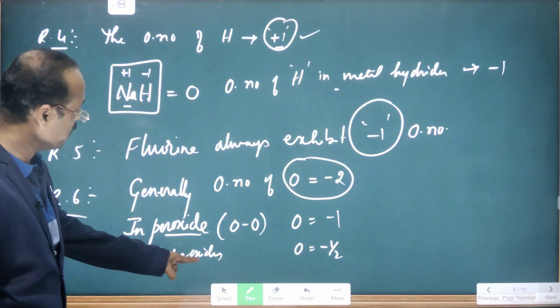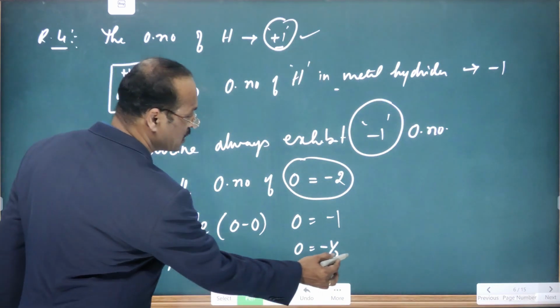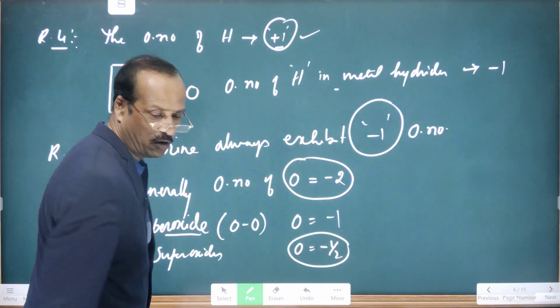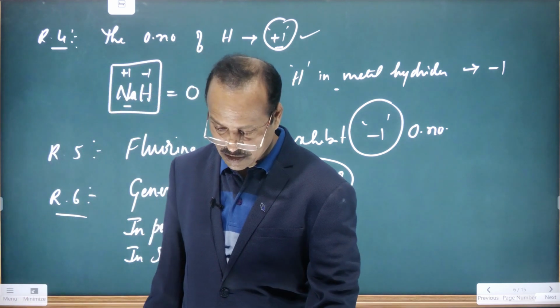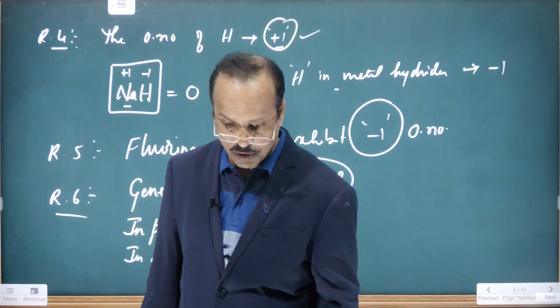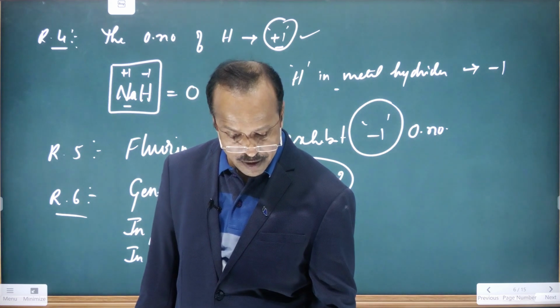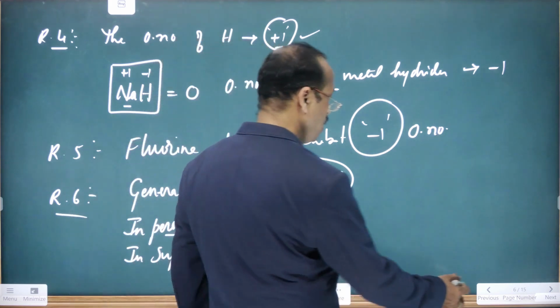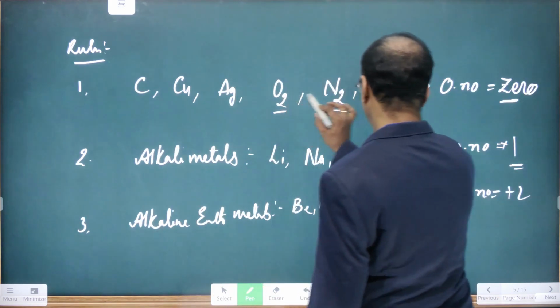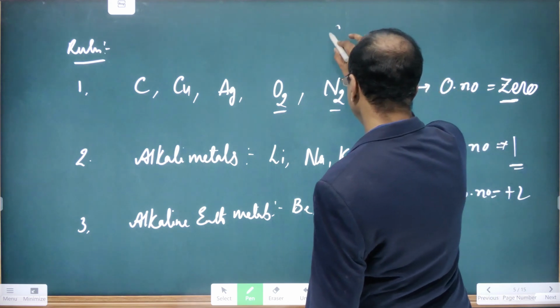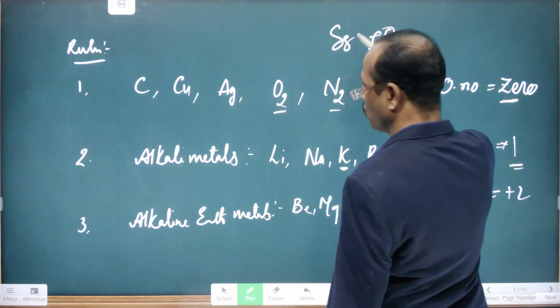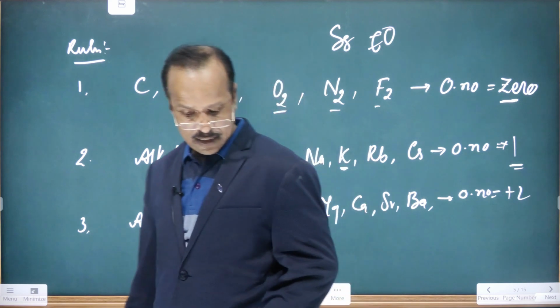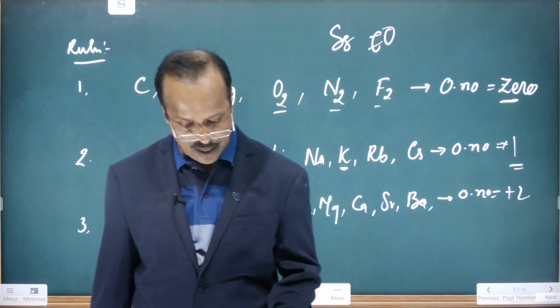See, in superoxide, the oxidation number is minus one half. So the option is minus one half. Fourth one is 2. Fifth one. The oxidation number of S in the S8 molecule, that is an individual molecule. Individual molecules like N2, O2, F2, similarly S8. So that is equal to 0 only. So the answer is 0. So the fifth option is 1.